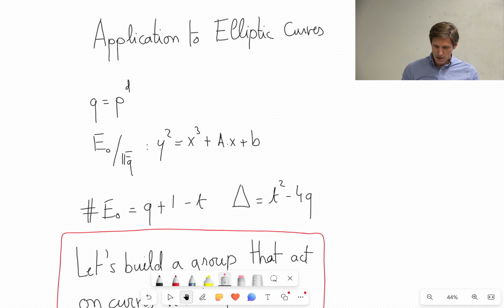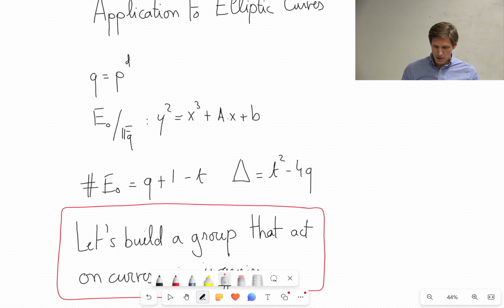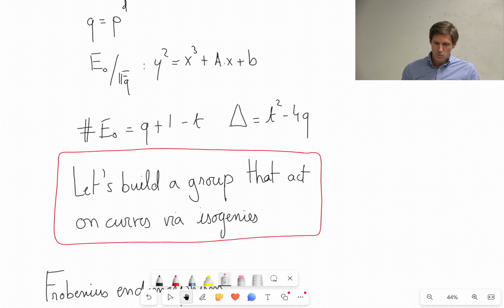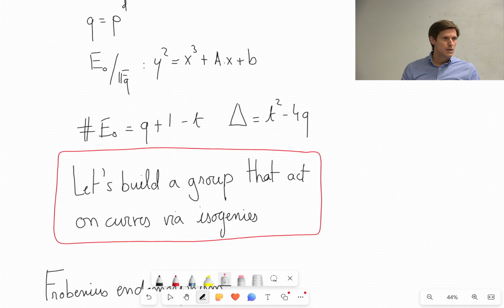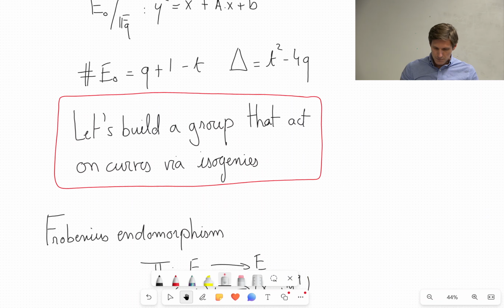So you assume that you have an ordinary curve E0, and the group of points is given by q+1 minus the trace. We're going to build a group that acts on curves with those parameters via isogenies. So there's going to be a group, and every time the group acts on curves, it's basically like applying an isogeny of a certain degree.